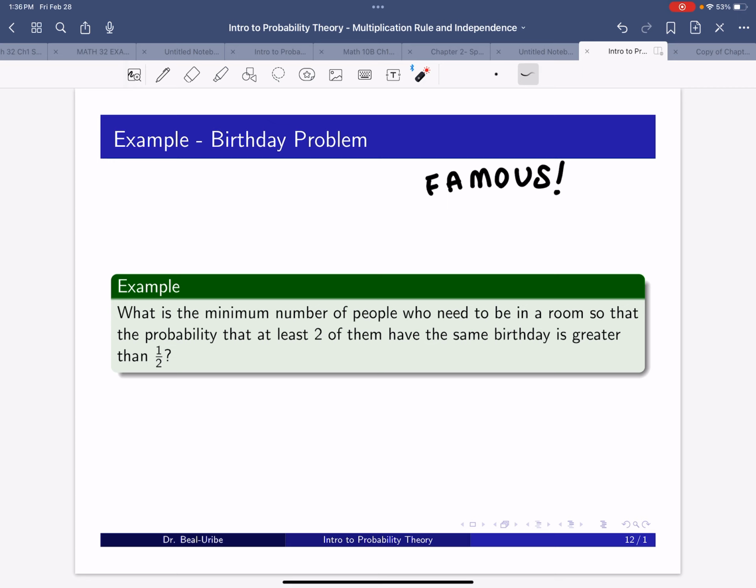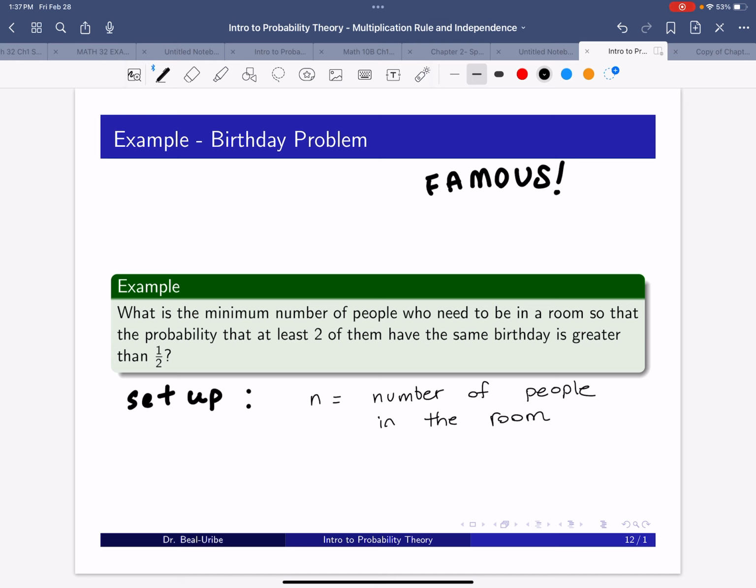So here's kind of how I want to approach this. We're going to let n equal the number of people in the room, and our goal is to figure out the smallest value of n so that the probability that at least 2 of the n people have the same birthday is greater than 50%.